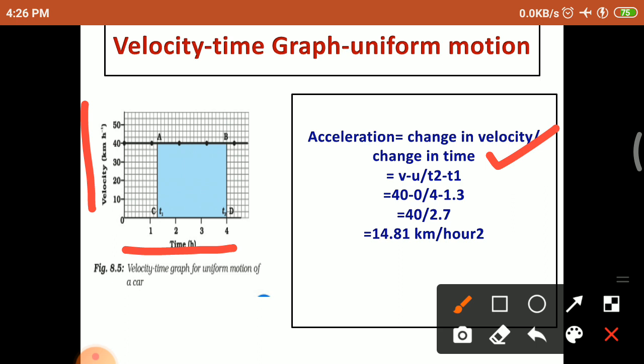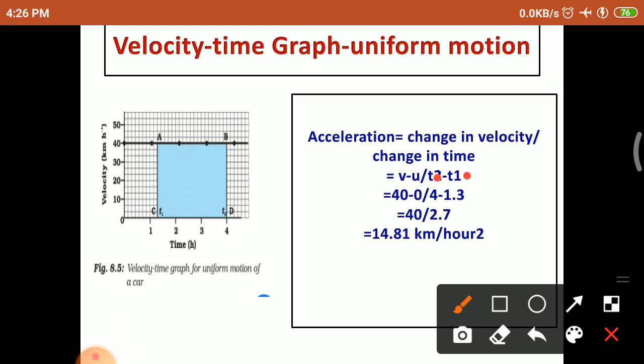So the change in velocity we will write as v minus u. That means final velocity minus initial velocity. Final velocity is v, initial velocity is u. So v minus u. The change in time is t2 minus t1. So see, from this graph we can take the v value, u value and t value.